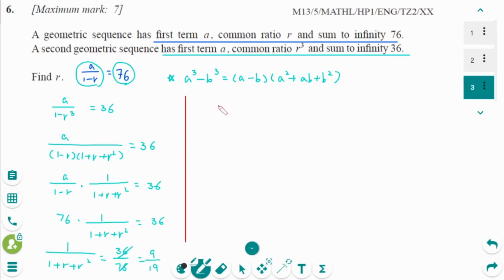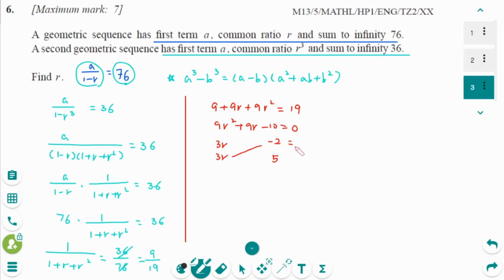Cross multiply. 9 plus 9r plus 9r squared equals 19. Then 9r squared plus 9r minus 10 equals 0. Use the cross method. 3r times 3r equals 9r squared. Minus 2 times 5 equals minus 10.